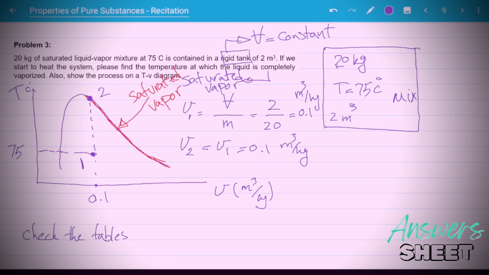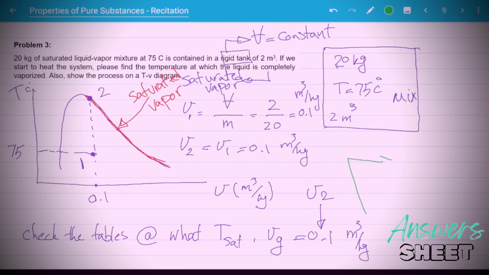Okay, so I'm going to check the tables to see at what saturation temperature the specific volume for saturated vapor is equal to 0.1 meters cubed per kilogram, which is our specific volume at final state. If you do that, you will see that around the temperature of 210 degrees Celsius, the specific volume of saturated vapor is very close to 0.1.